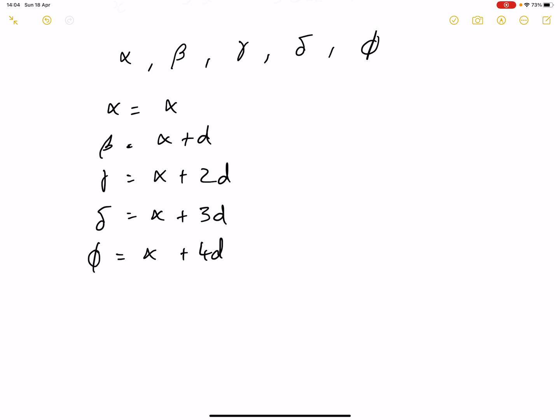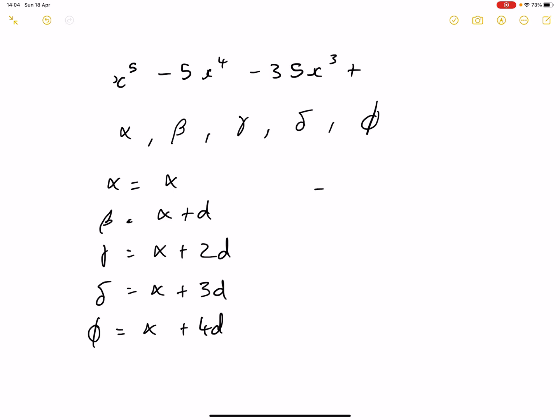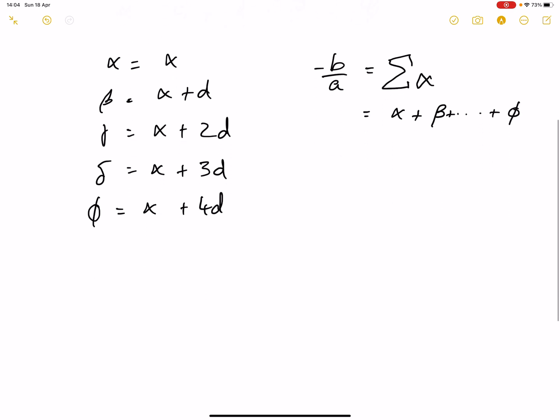And so what we're going to do is we know that negative b over a, so this term, is equal to the sum of the roots, sigma alpha, which is just alpha plus beta, etc., plus phi.